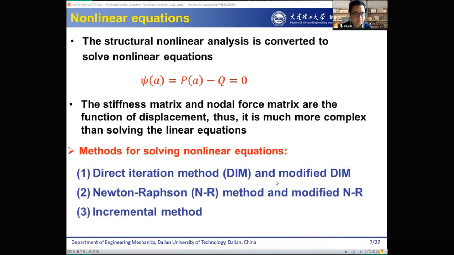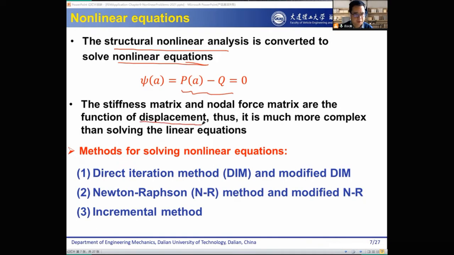For nonlinear problems, we have to set up the nonlinear equations, and the structural nonlinear analysis is converted to solving the nonlinear equations. For example, here we have a nonlinear equation, and the stiffness matrix and the nodal force matrix are functions of the displacement.